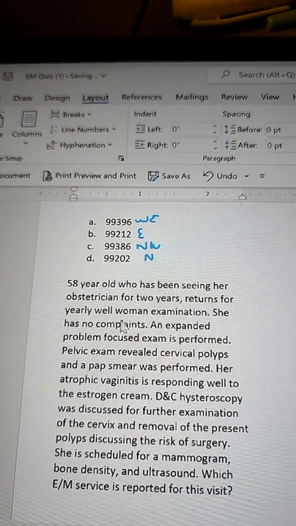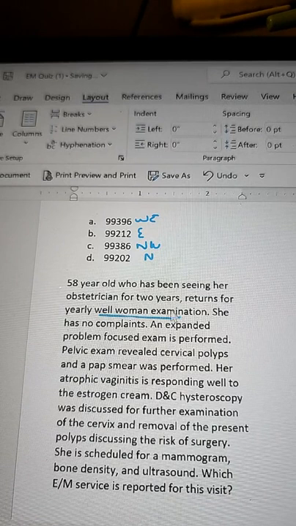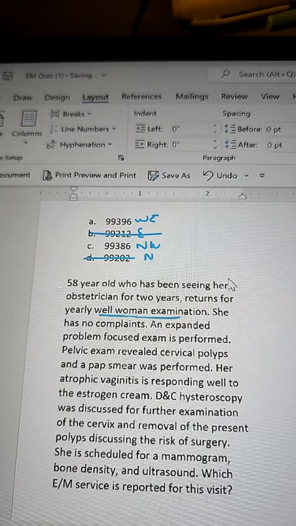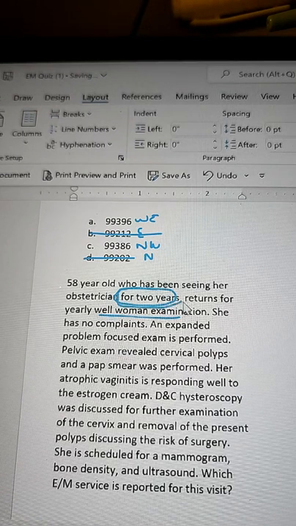So it does say that they're here for a wellness exam. So we will get rid of that and that. We just need to know if they're a new patient or not. She is established because it's only been 2 years.